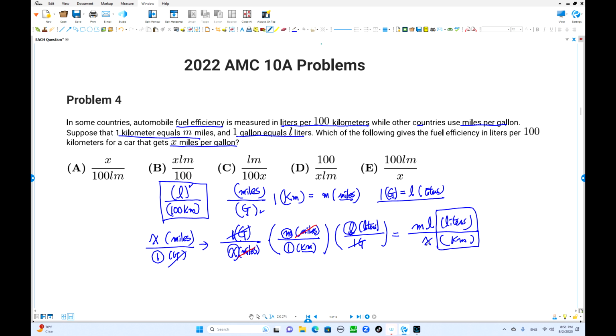So we're going to change the unit again, times 100 here. You must put times 100 in the numerator too, right? This one liters, that's fine. So this is now liters per 100 kilometers. Now simplify: 100 times m times L over x, the unit here liters per 100 kilometers, okay? That's the answer here.